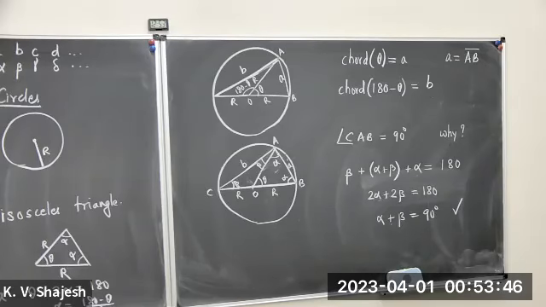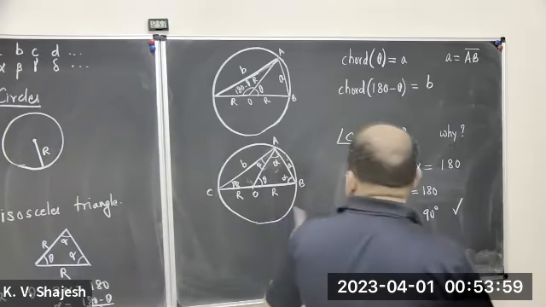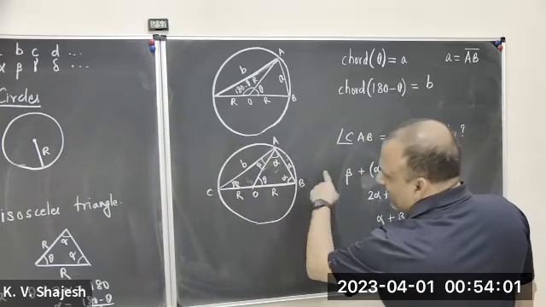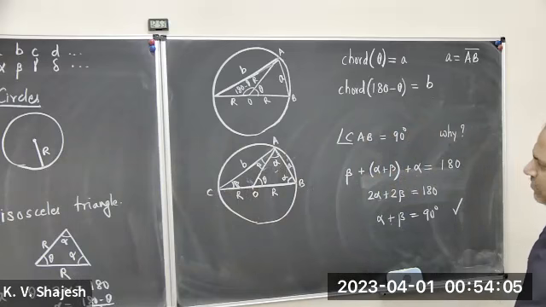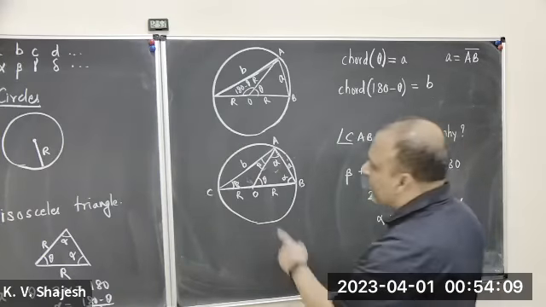Pythagoras theorem is about 700 BC or so, at least if you go by the literature. So probably around that time, they realized that in a circle, if you draw a diameter and then two chords like this, they form 90 degrees.